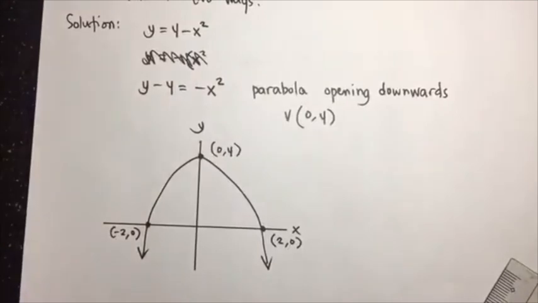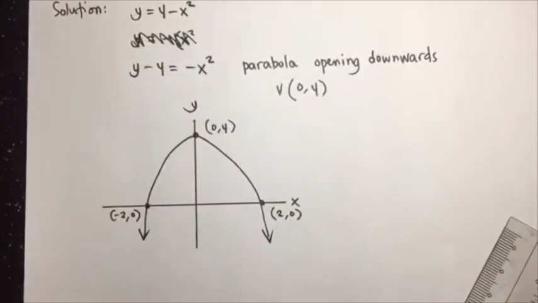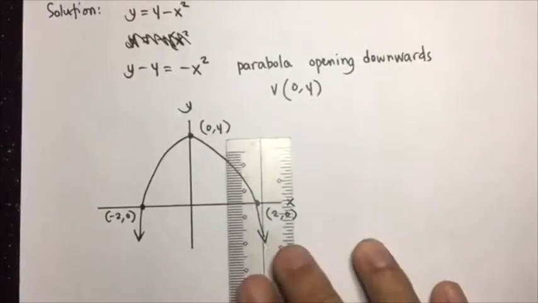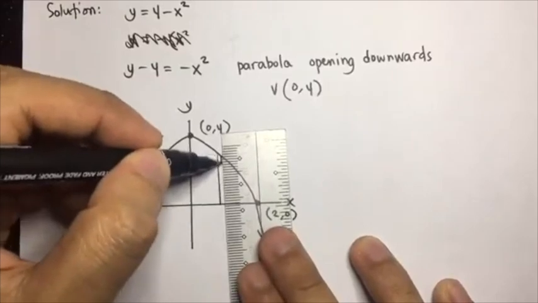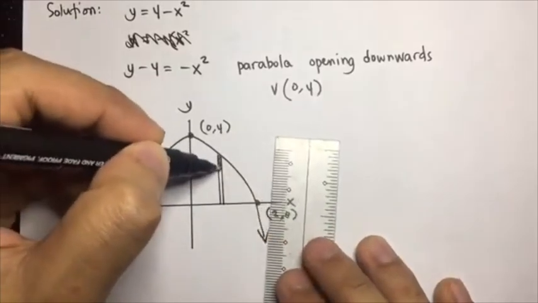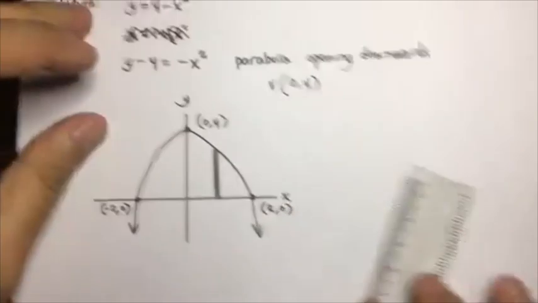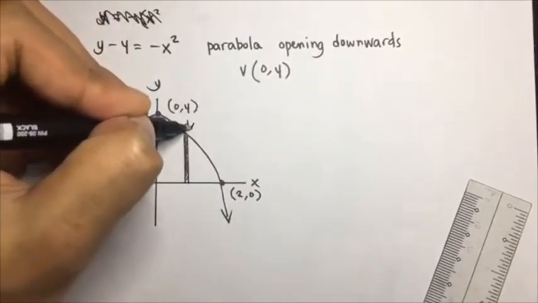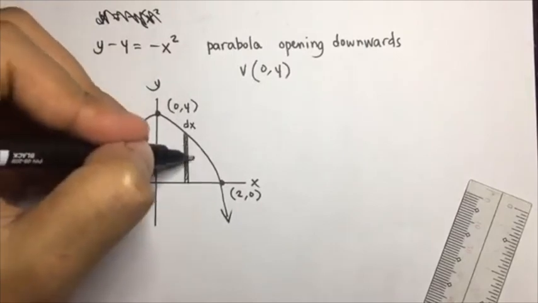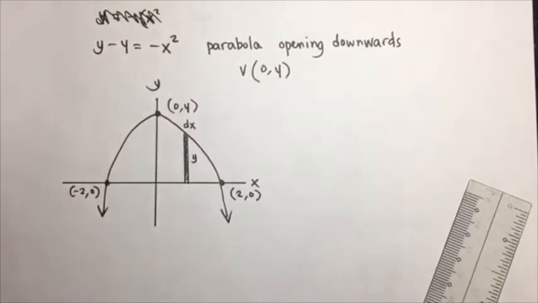In solving for the area, we can use the horizontal or a vertical strip, but first let us use a vertical strip. So we will be using dx, and the length of the strip is y.